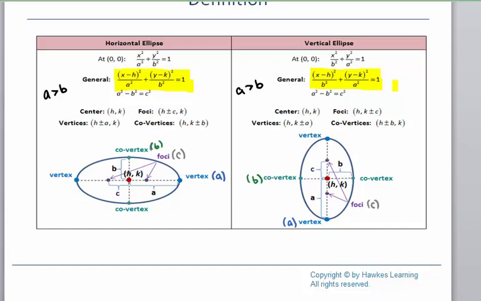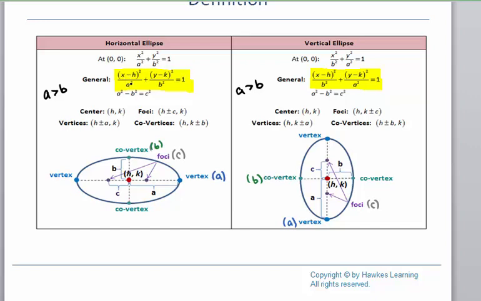Now, if you look at those two formulas, the only difference is the placement of the A and the B. Now, what we do know is that in both cases, A is greater than B. And so essentially what we're saying is that sometimes your larger number is going to be underneath the X, and sometimes your larger number is going to be underneath the Y.